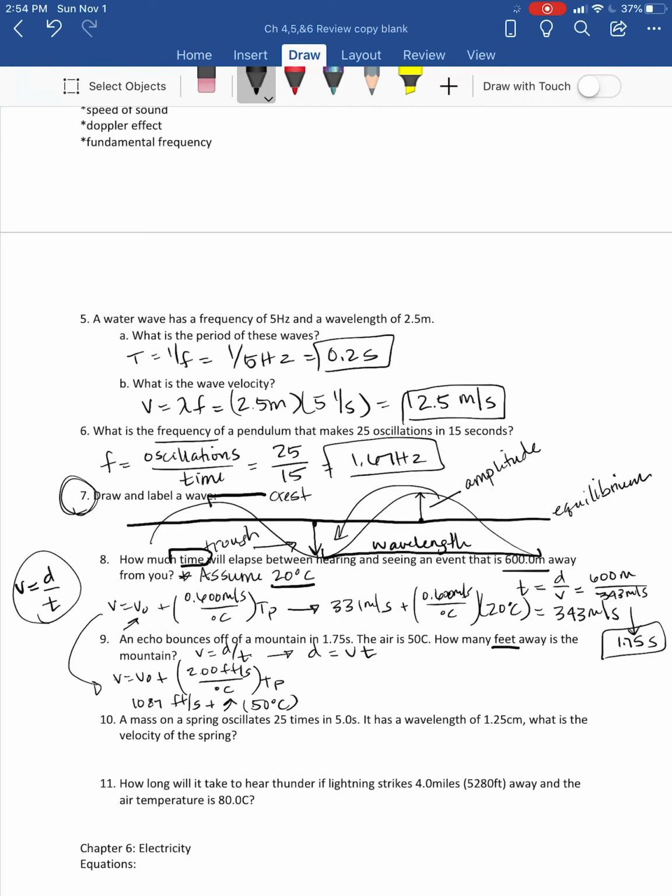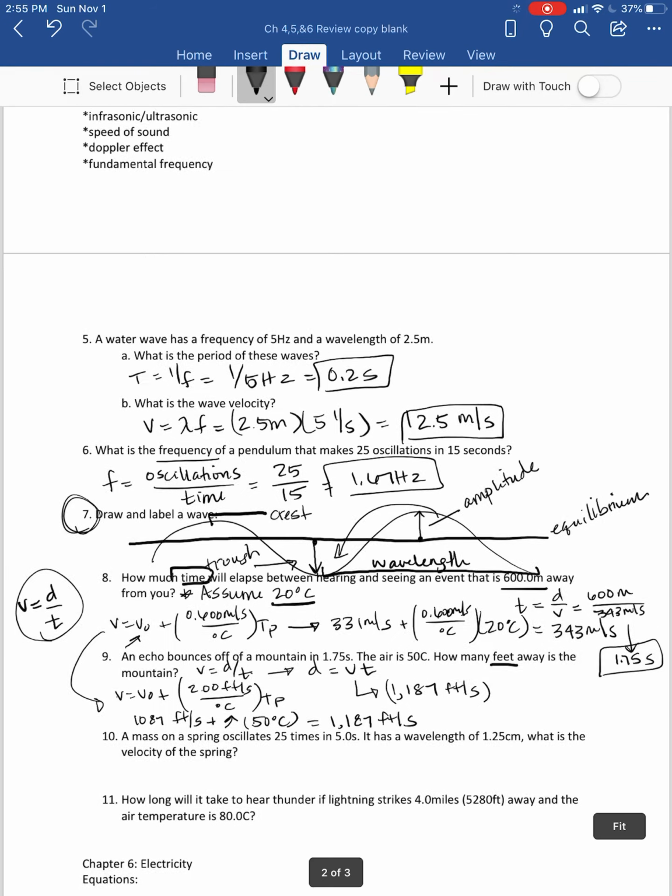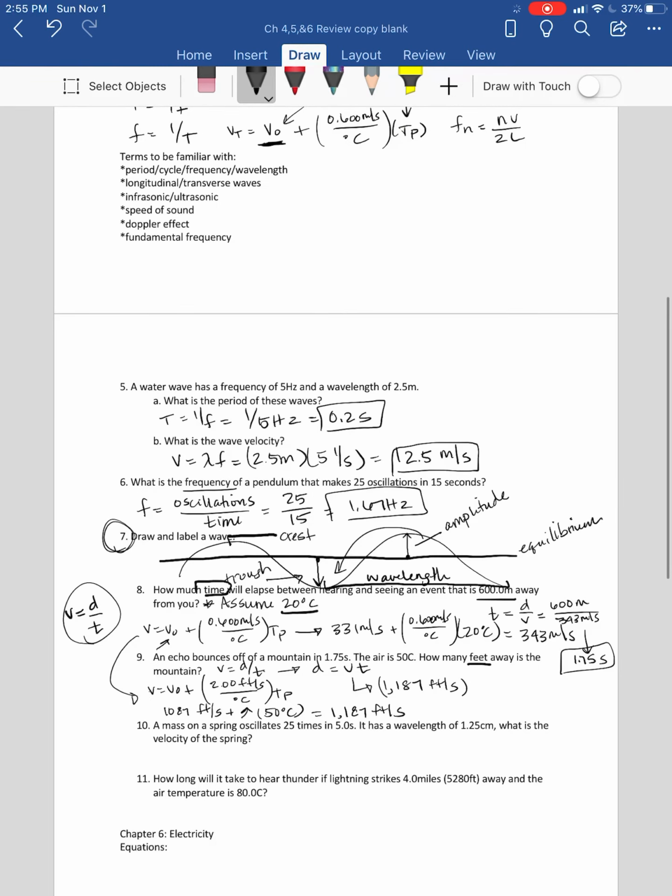It's 50 degrees Celsius, so you're multiplying 50 by 2 and adding the 1,087. That'll give you 1,187 feet per second. Then plug that in for velocity, times the time, this 1.75 seconds.